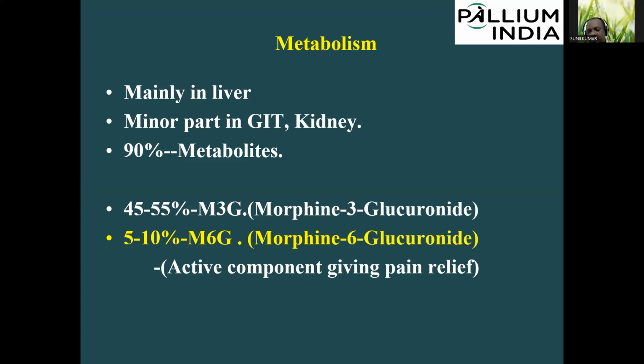Maybe it will take about half an hour to have pain relief. The pain relief will start by half an hour, but the peak action of morphine will be reached only after 1 hour.